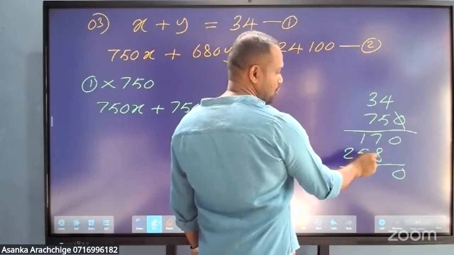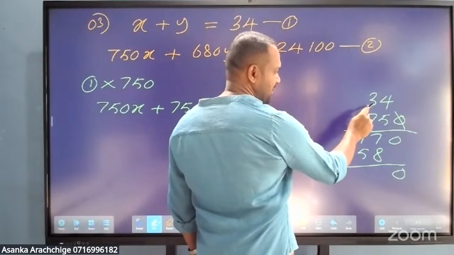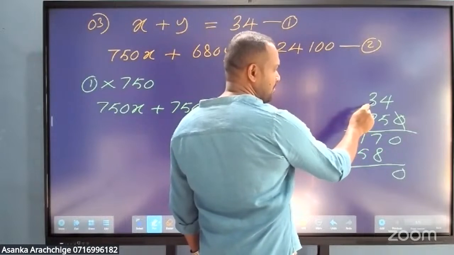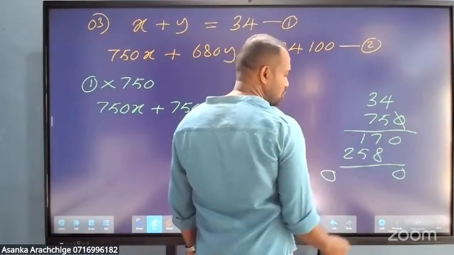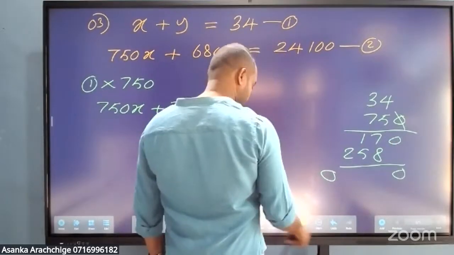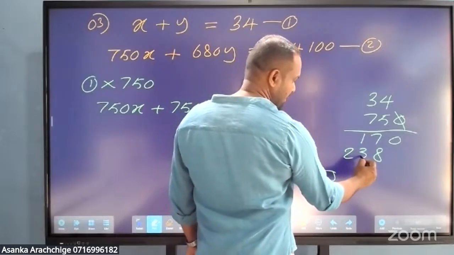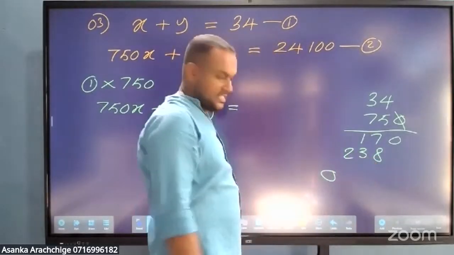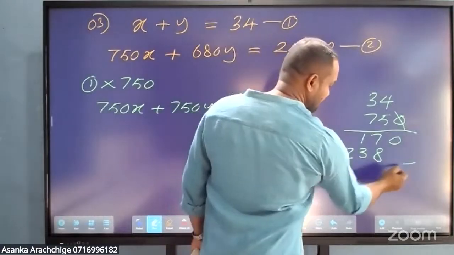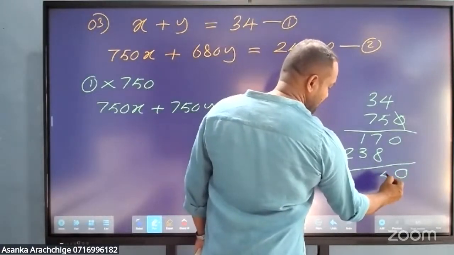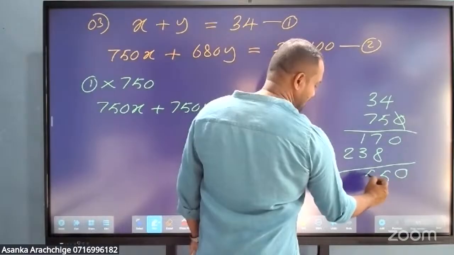7 times 4 28, 7 times 3 21 plus 2 23. Yes. Then 0, 15, 4, 1, 5, 2.